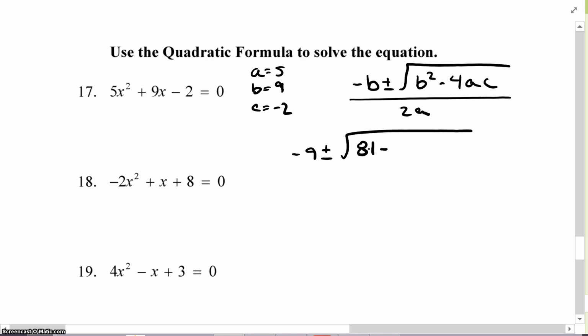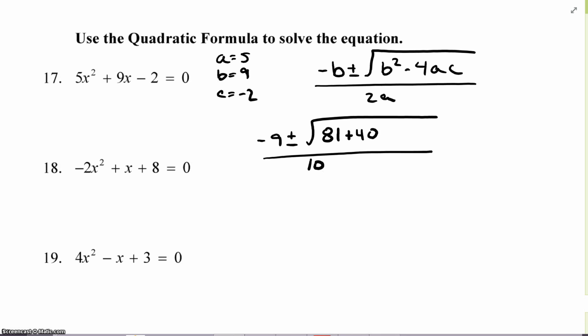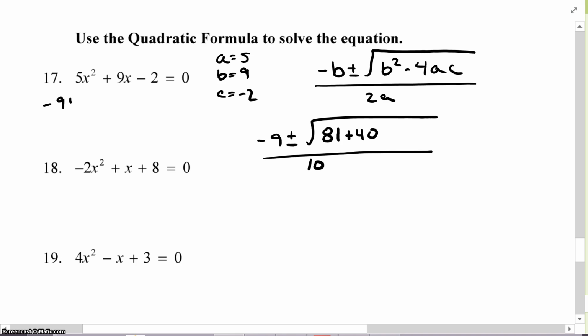So 81 minus -40, or plus 40, all over 2a, which 2 times a in this case is 10. So I'm going to get negative 9 plus or minus the square root of 121 all over 10. Well, the square root of 121 is 11, so that's going to be negative 9 plus or minus 11 over 10.